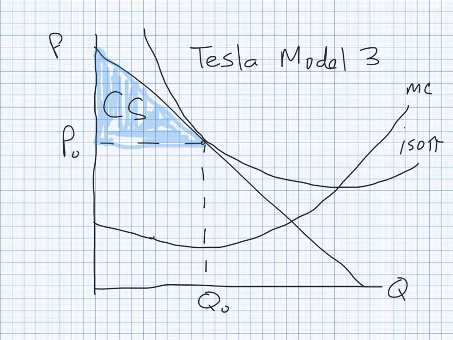CS. Now, producer surplus is another matter. Let's use red for producer surplus.